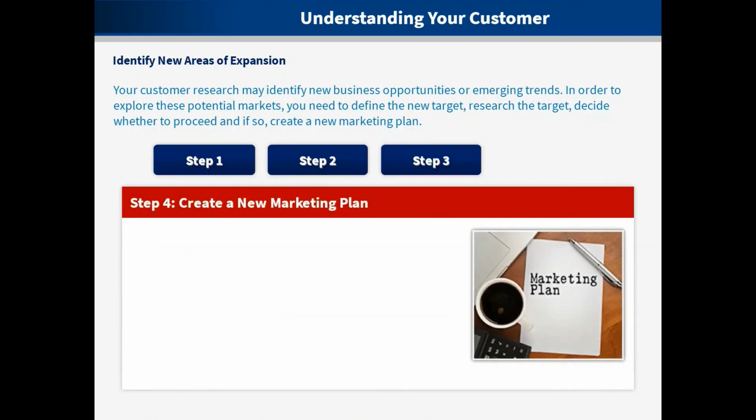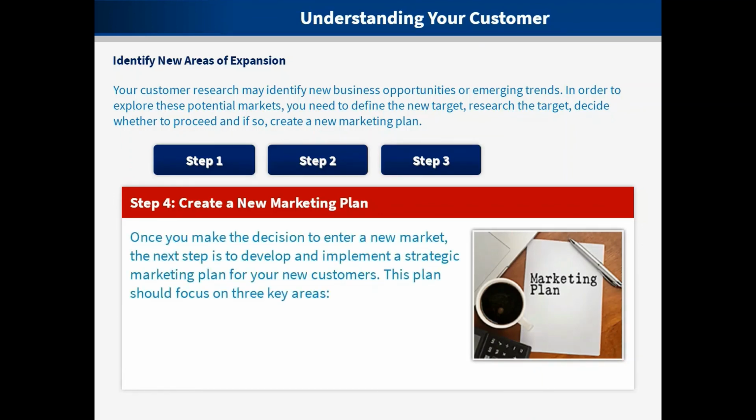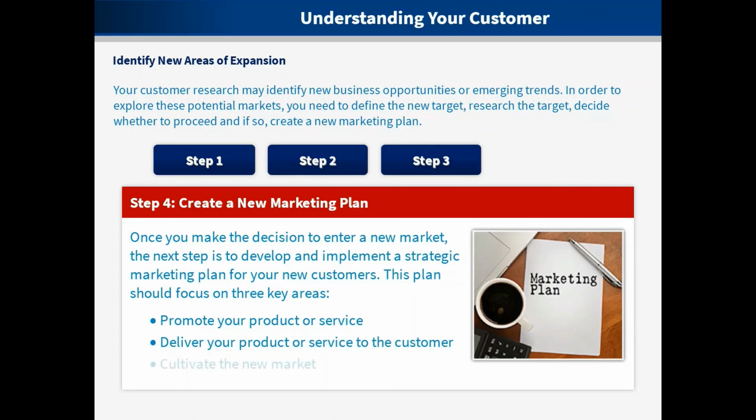Create a new marketing plan. Once you make the decision to enter a new market, the next step is to develop and implement a strategic marketing plan for your new customers. This plan should focus on 3 key areas. Promote your product or service. Deliver your product or service to the customer. Cultivate the new market.